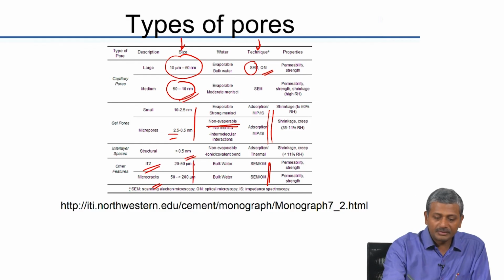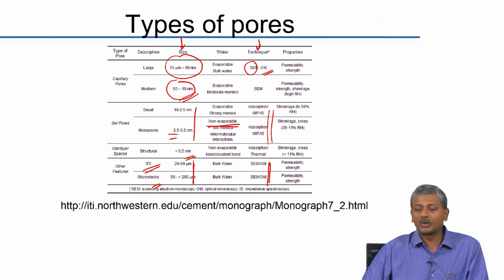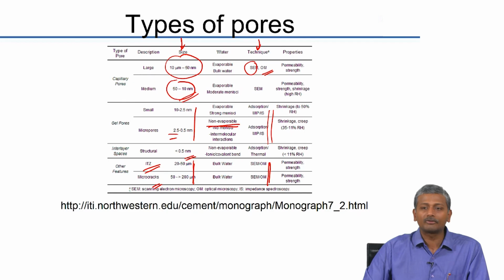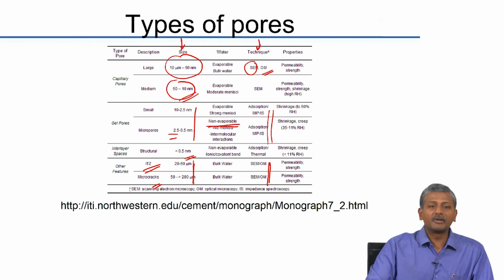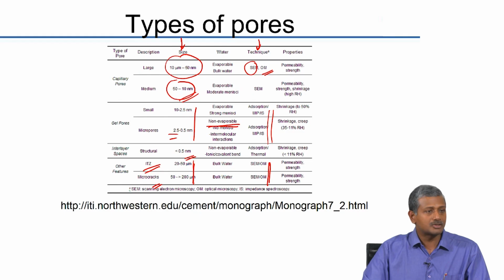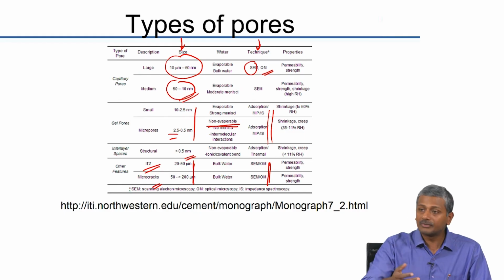Your other features could include ITZ, which is about 20 to 50 micron in size, and microcracks, which obviously depends on the mechanism that has caused those cracks to appear in the first place. So, this is showing you what people have done with different techniques to try and understand the nature of these pores and their distribution in the CSH or within the cement paste or concrete.